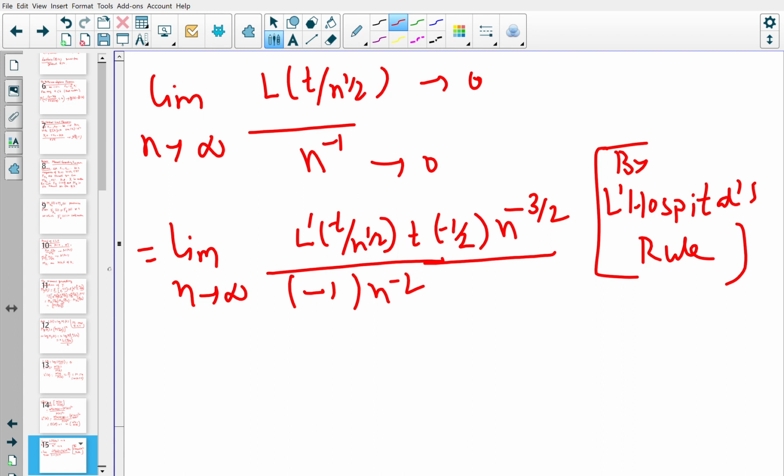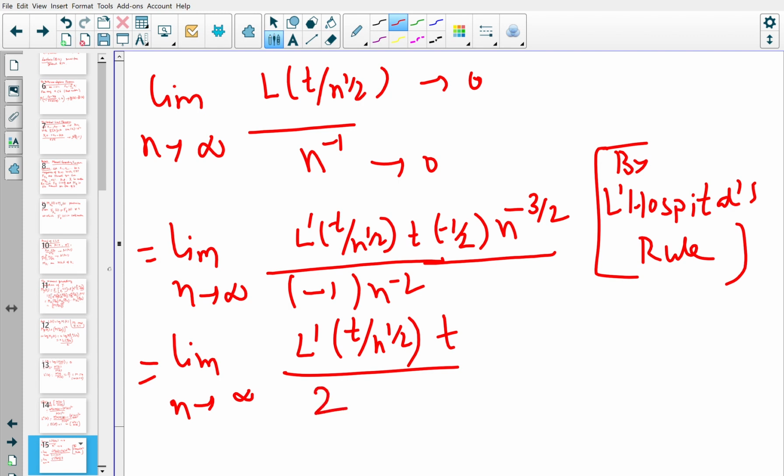Now try to make it a little simpler. Then the minus gets cancelled, so we have L dash of t over n power half, into t, and in the denominator you have 2 times n power minus half.